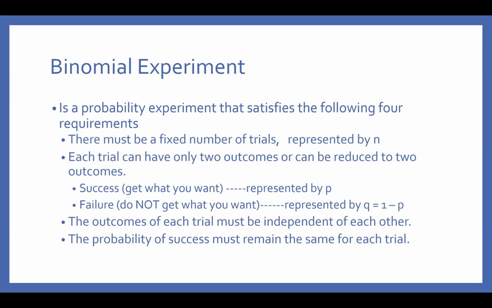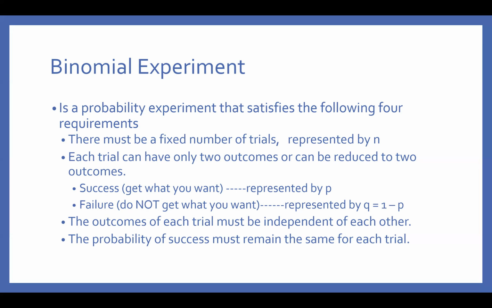The probability of success must remain the same for each trial. So we're flipping the same coin every time. We're rolling the same die every time. Okay, you're not changing it. This would be especially important if you're drawing, say, cards out of a deck, and you have to make sure you put the card back so that you always have 52 cards in the deck.